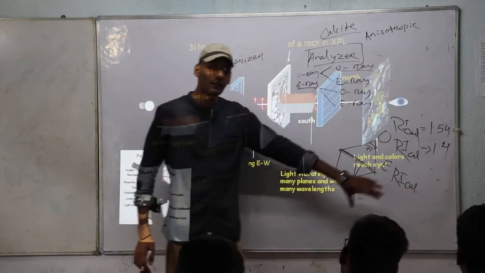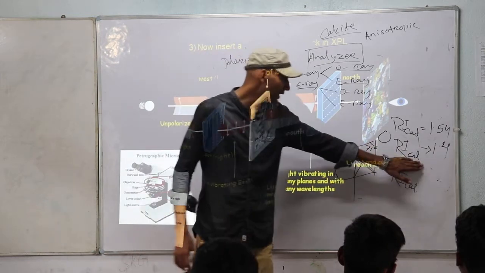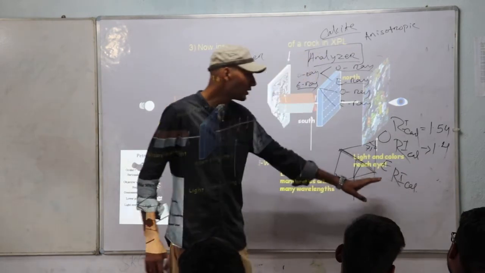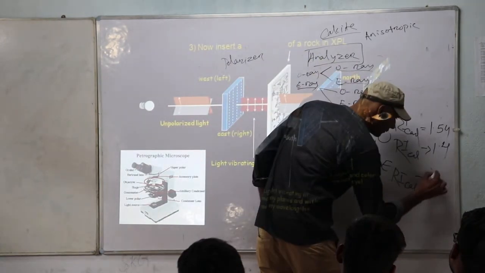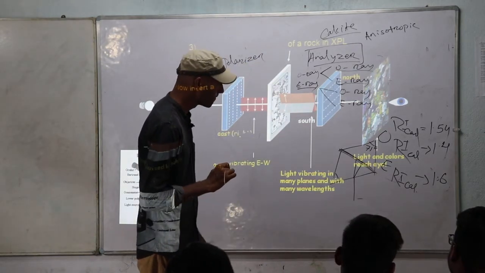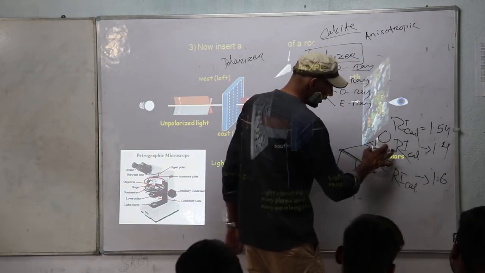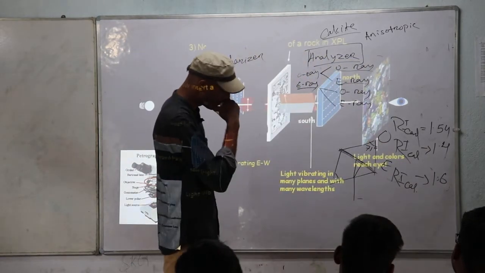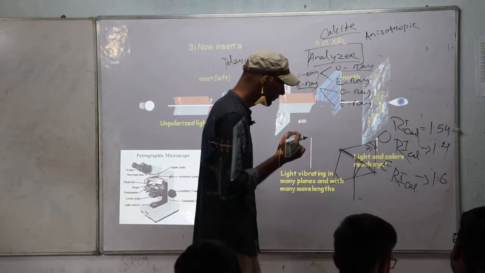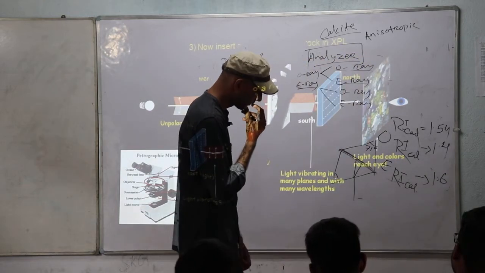Got that? So extraordinary, I think that is 1.6, or I think ordinary is 1.6. Ordinary is 1.6 or extraordinary is 1.6? Ordinary is 1.6.